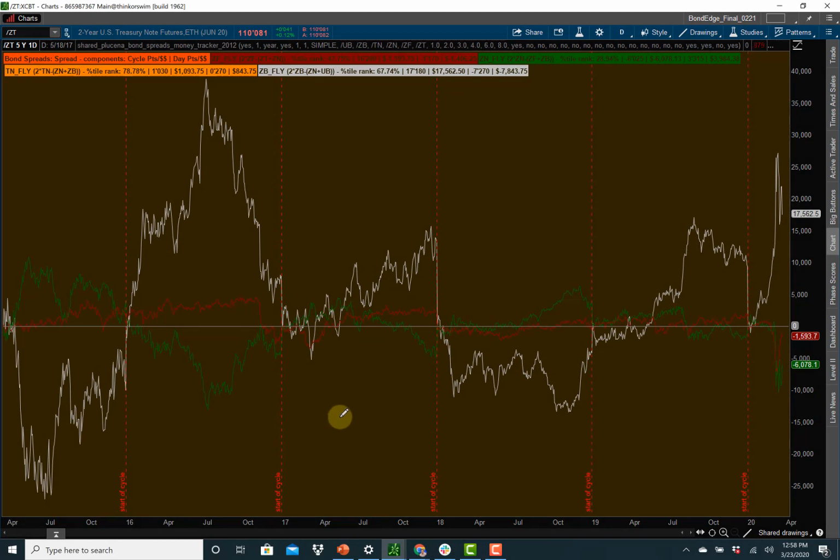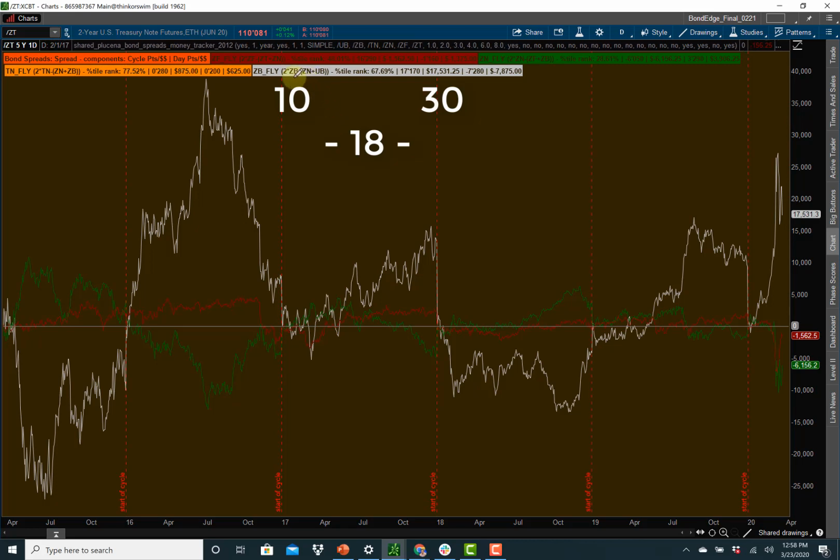I did something fun so you could see the relationship of the butterflies over time, going back to 2015. What's a butterfly, guys? If you have 10s, 18s, and 30s, 18s is the belly of the butterfly, and 10s and 30s are the wings.